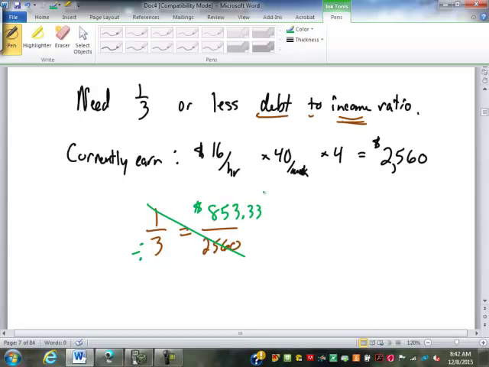Now, if you look at that, again, you could use that to figure out if you already, let's say you already have a car payment. Let's say you kept it smaller, on the smaller end, you got like a $12,000 car. So you're paying like $220 a month in your car payment.